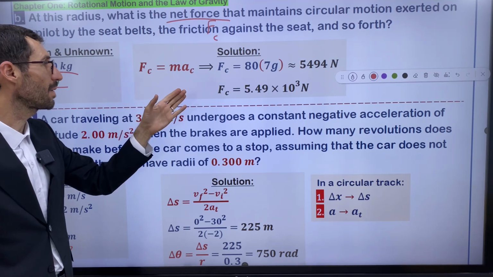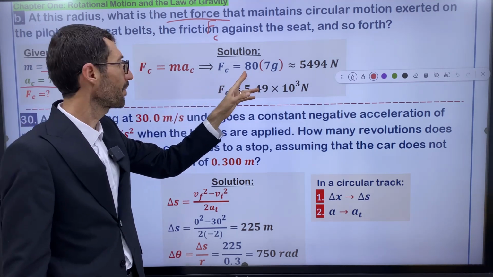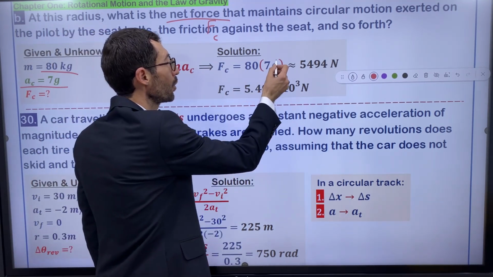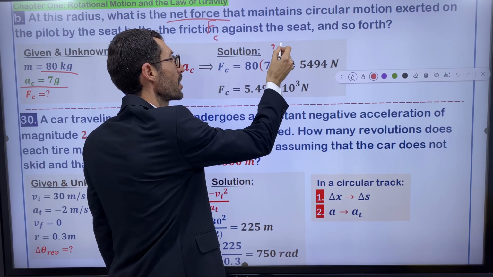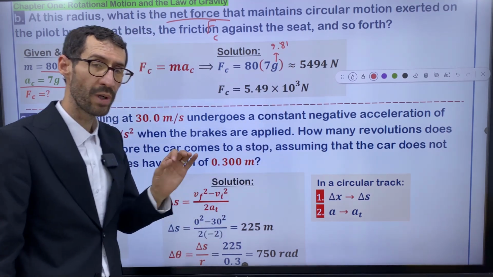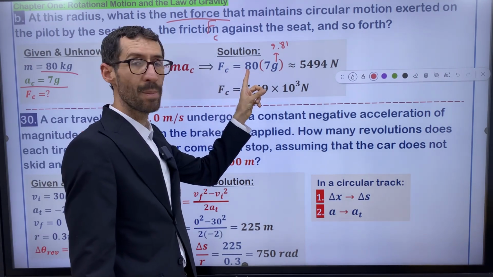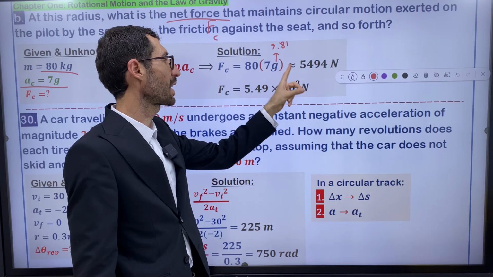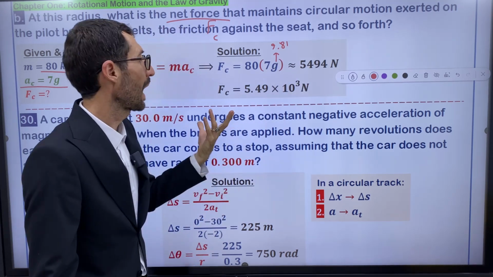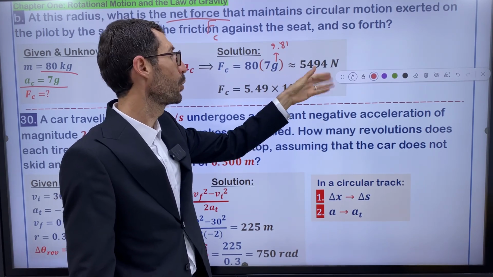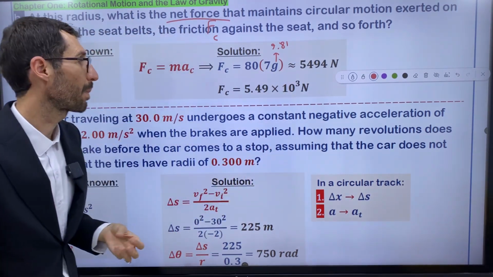F is equal to M, which is 80, and AC is equal to 7G. And you know what G is. G is equal to 9.81 meters per second squared. Multiply 80 by 7 by 9.81 to get this number, approximately 5,494 newtons. You find this number.